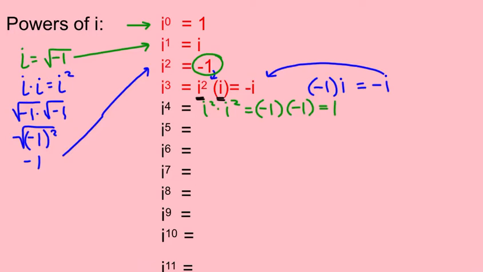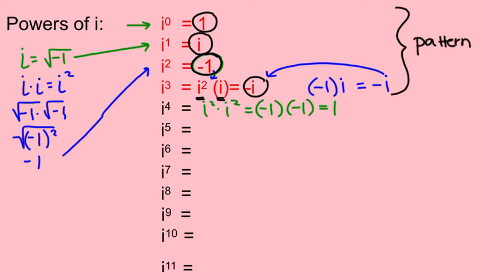So it starts off with 1, i, -1, -i. Then it repeats. So these 4 pieces are the pattern, and then it repeats over again. So then we'd have 1, i, -1, -i.